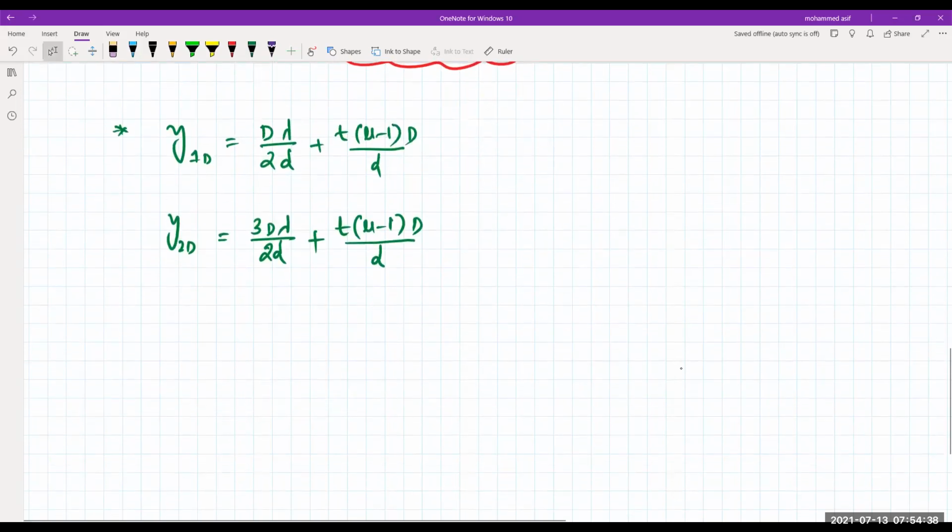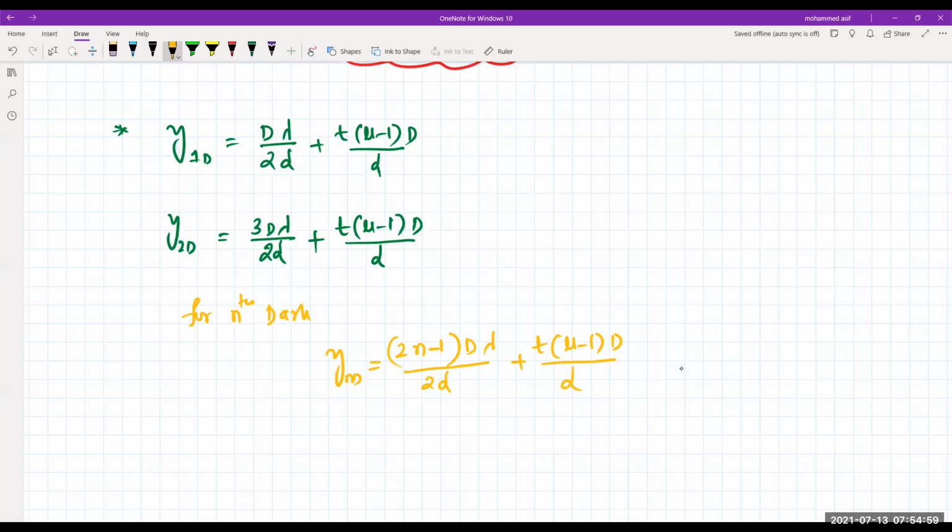So for the nth dark, y nth dark is equal to (2n minus 1) into capital D lambda divided by 2d plus t into (mu minus 1) into capital D divided by d. This is the extra path it has to travel. So this will be your general formula for the nth dark.